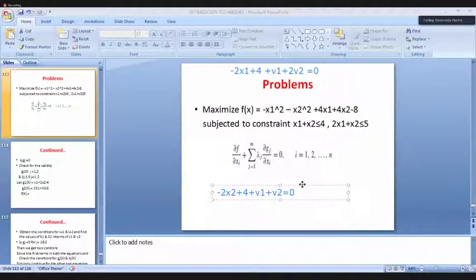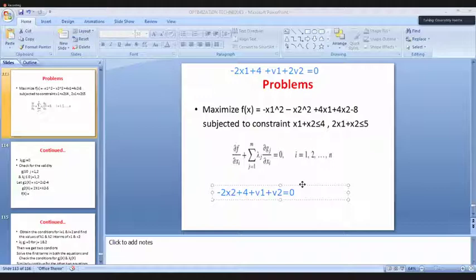Done. How many unknowns are there in this equation? Can anyone tell me? 4 unknowns. You need to find 2 unknowns in it. They are lambda 1 and lambda 2. Right, in the next step, solving equation 1 and equation 2, we need to find lambda 1 and lambda 2 in terms of x1 and x2.